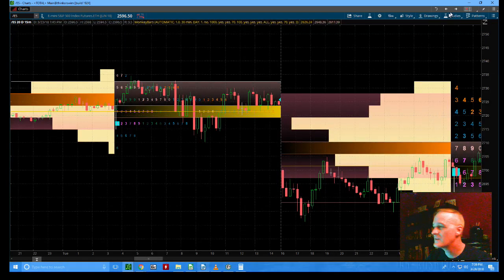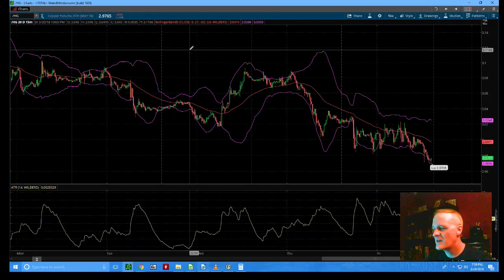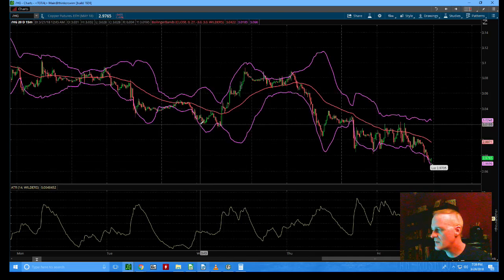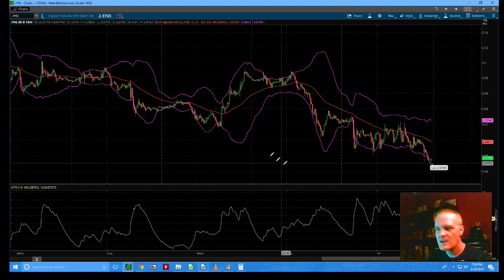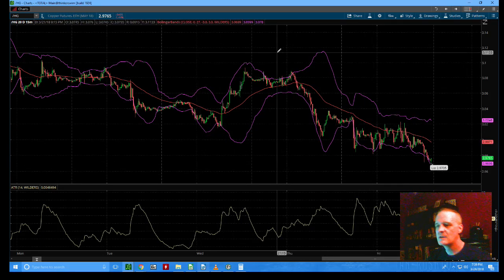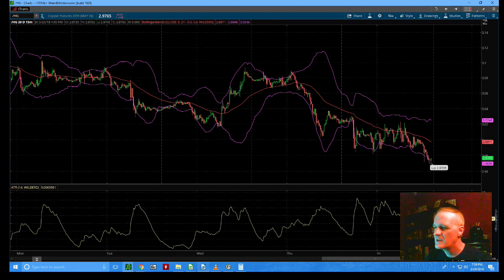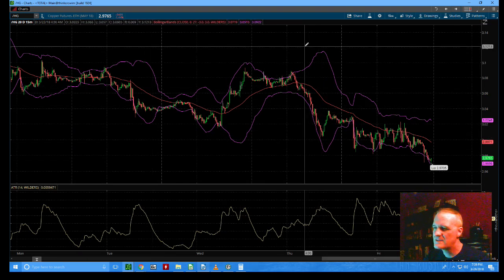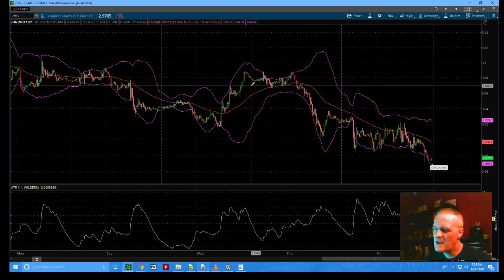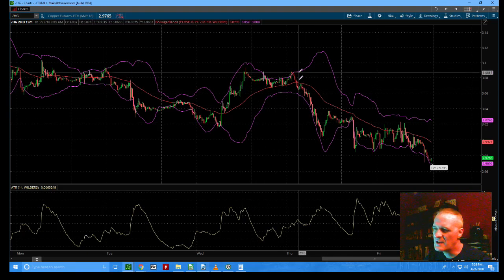market profile indicators. The next thing I'm going to talk about is volatility indicators, and the two I'm going to talk about are average true range and Bollinger Bands, and they're both here on the same chart. Now, Bollinger Bands are almost like an area of trading.